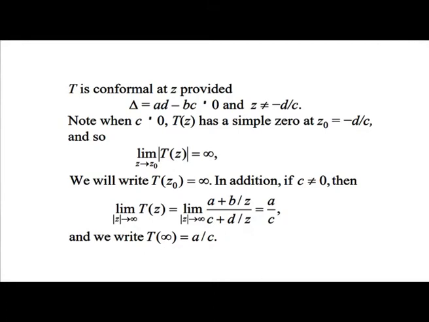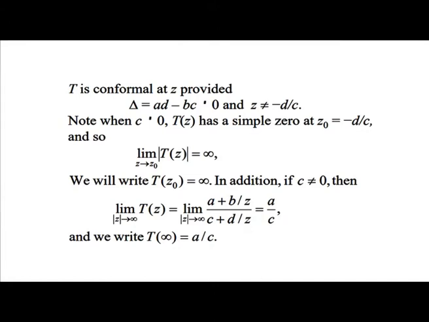Note that when c is not equal to 0, t of z has a simple pole, that is z naught is equal to minus d by c, and so limit of mod t of z as z tends to z naught is infinity. So, we will write t of z naught as infinity.